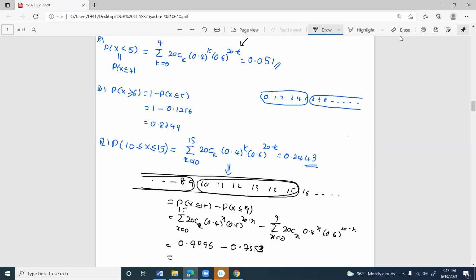If you do this subtraction, that answer is 0.2443. That one also gives the same answer. You can use any approach to do this question. That's how to do it.